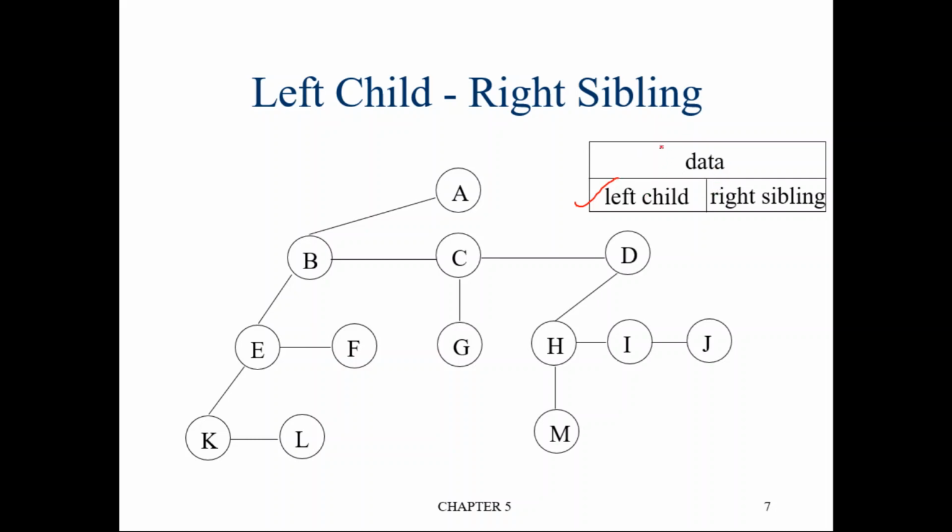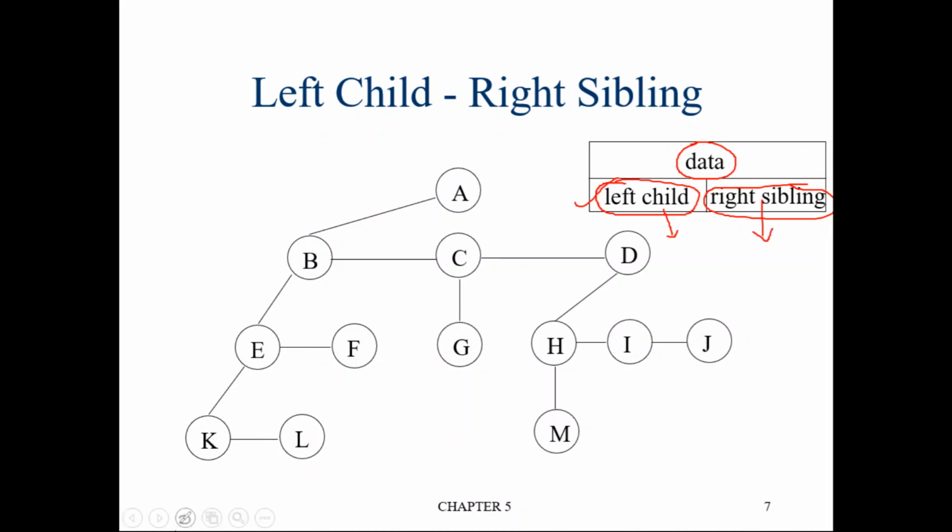So we need just a node to hold the data part, and one pointer to the left child and another pointer to the right sibling. With these two pointers any tree can be represented.